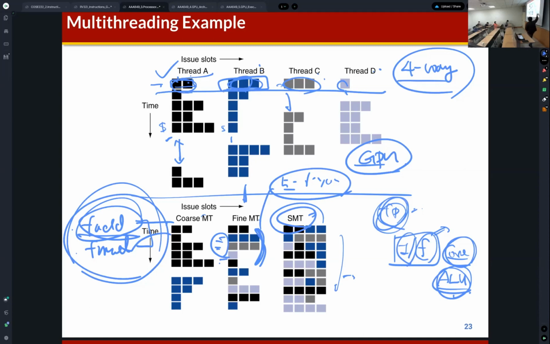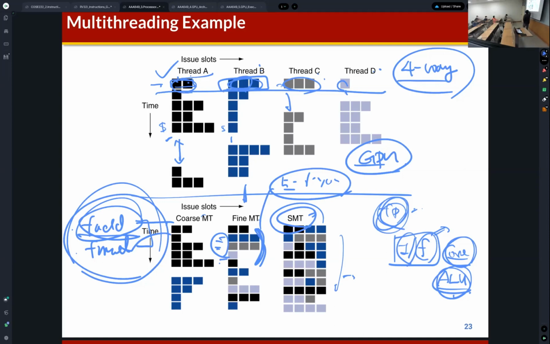If a GPU used coarse-grained multi-threading, then when a floating point instruction is executed, this thread cannot find any available instruction. That is the problem of coarse-grained multi-threading. But if you use fine-grained multi-threading, then if this thread is blocked by a floating point instruction, the GPU can find available instructions from other threads.